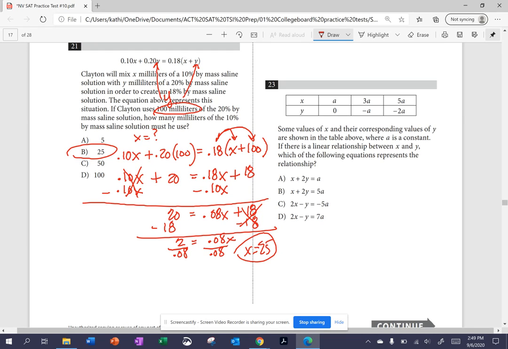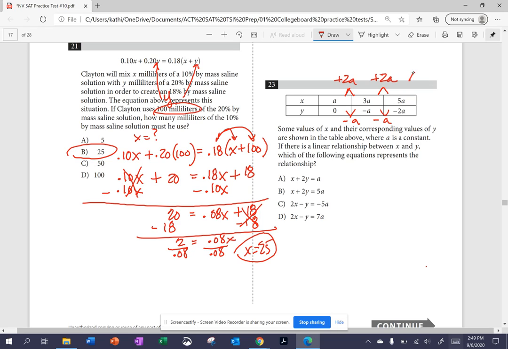Okay, so when I'm looking at these x and y, I want to see what's the difference. To go from a to 3a, I added 2a. From 3a to 5a, I'm adding 2a. For y, to go from a to minus a, I'm subtracting an a. To go from minus 1a to minus 2a, I'm subtracting an a.